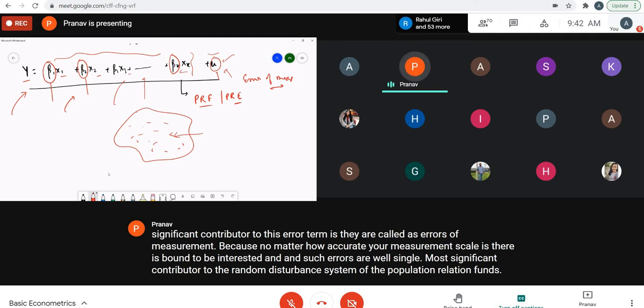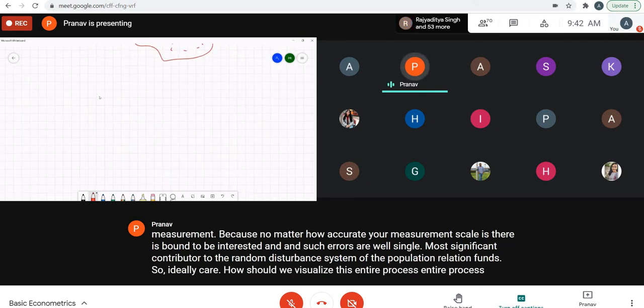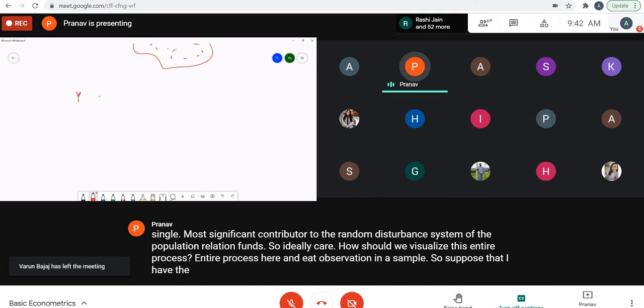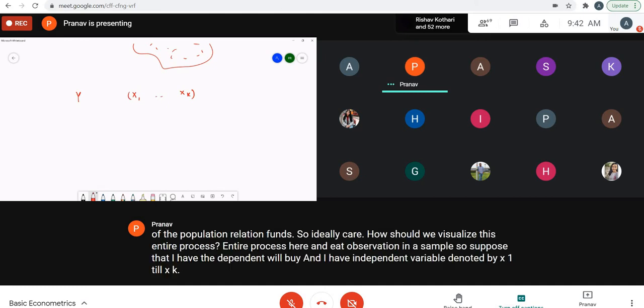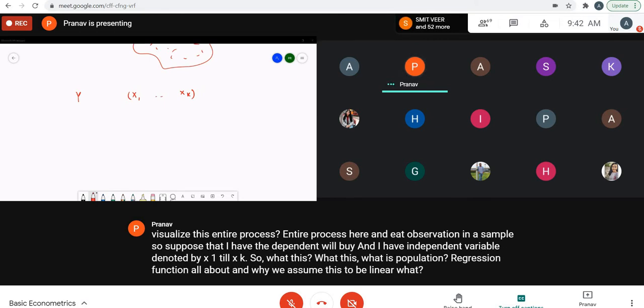So ideally, how should we visualize this entire process? Suppose I have the dependent variable y and independent variables denoted by x1 till xk. What is the population regression function all about, why do we assume it to be linear, and what exactly does this convey to us?